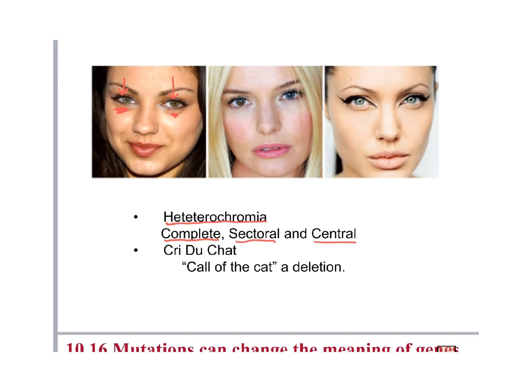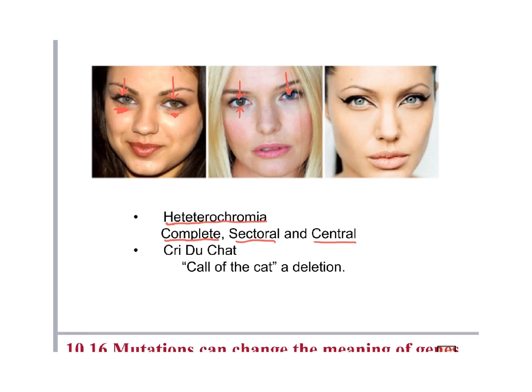Whereas I think this is Kate Bosworth. If you look at her eyes, she's got sectoral heterochromia, where one eye is completely blue, the other eye is blue on top, and brown on the bottom.